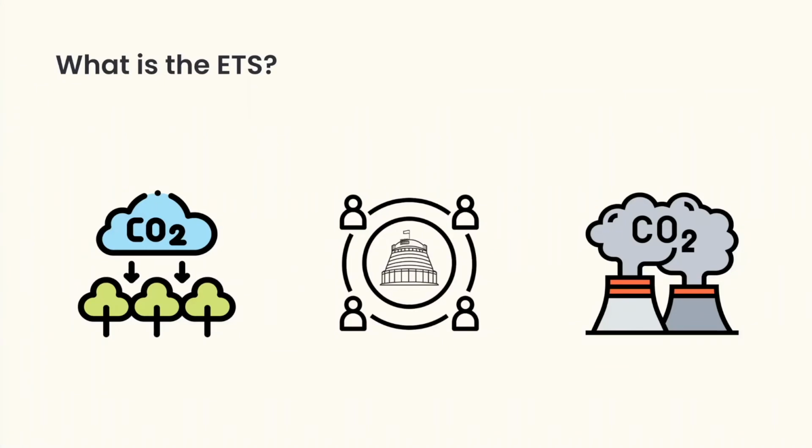That means that the ETS is regulated by the New Zealand government. This slide, as it's very simply depicted by these icons, is often referred to as the compliance market. It's called that because it is regulated by the New Zealand government. The government issues NZUs for carbon removed from the atmosphere by forests.